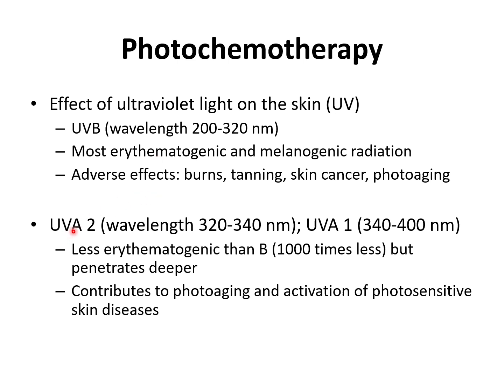Ultraviolet light of a bigger wavelength, UVA, which can be UVA2 or 1, is less erythematogenic than ultraviolet light B, but penetrates deeper. It does contribute to photoaging as well, but it's not the one that's mainly responsible for the burns and the tanning that you see.